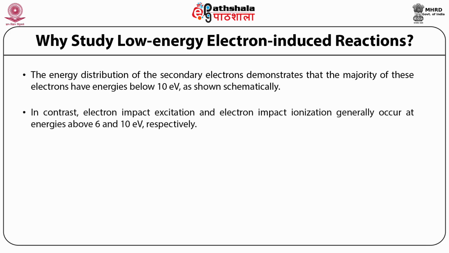In contrast, electron impact excitation and electron impact ionization generally occur at energies above 6 and 10 electron volts respectively.